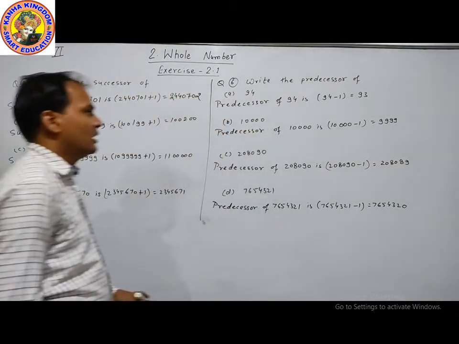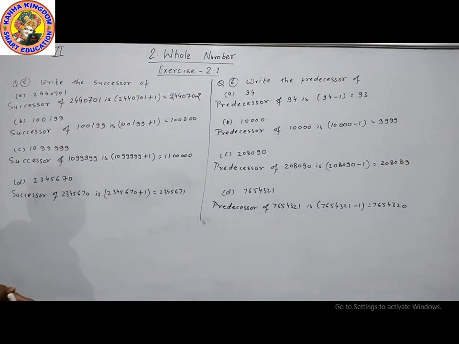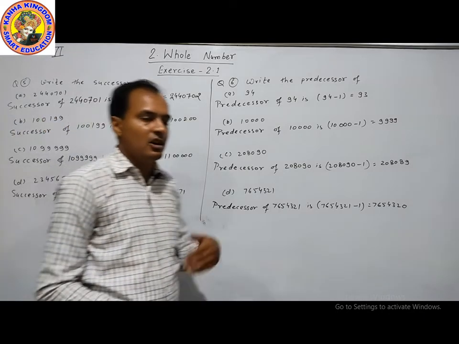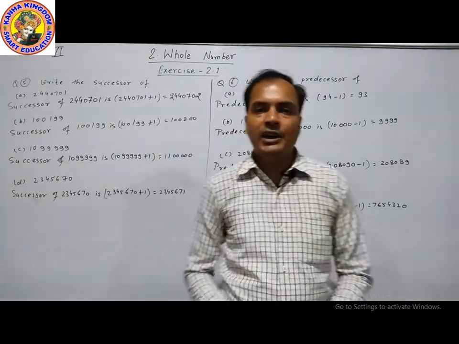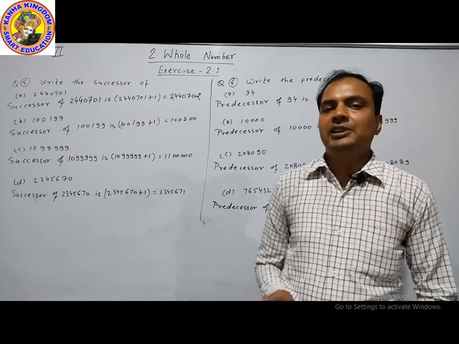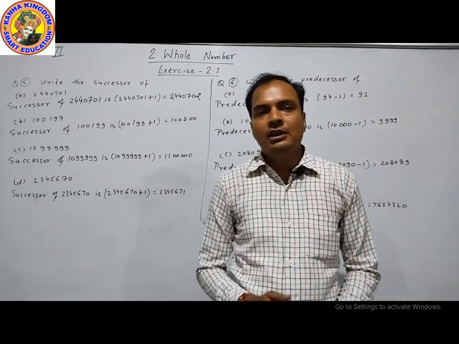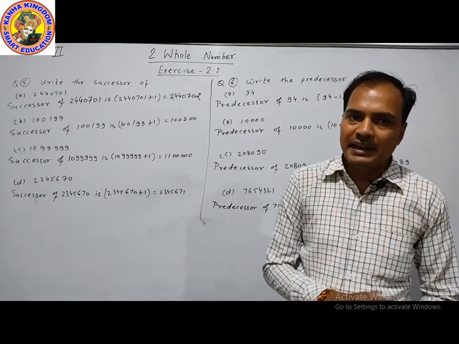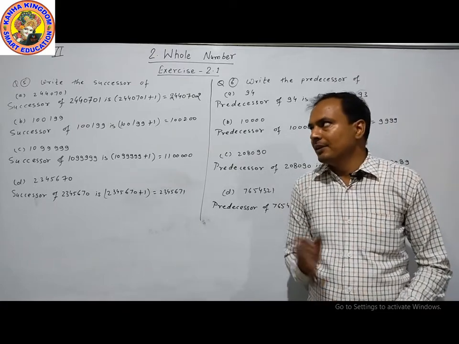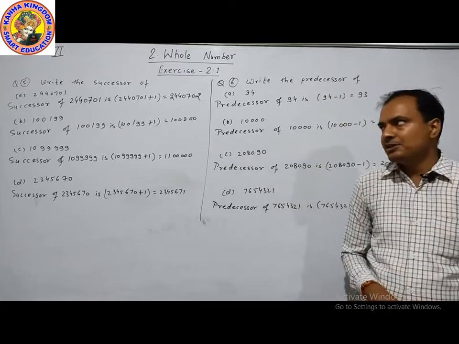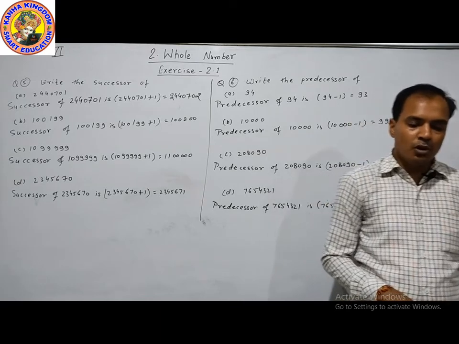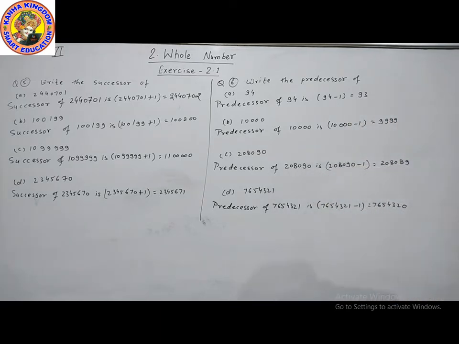This is our answer. This was our question on successor and predecessor. Successor is our next number, we find it by adding 1. Predecessor is our previous number, we find it by minus 1 or subtracting 1. You can take a screenshot of this. We will move to our next question.